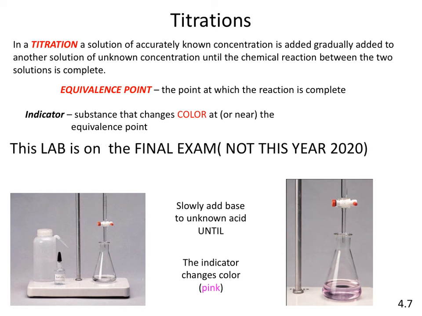All right, one of the very last topics will be titrations. There are videos on titrations and the actual process. This would have been the last lab for the year. Basically what's done is that you have an unknown acid.